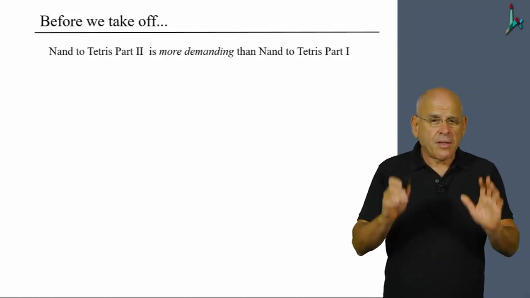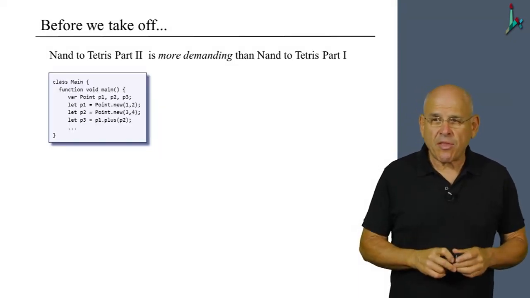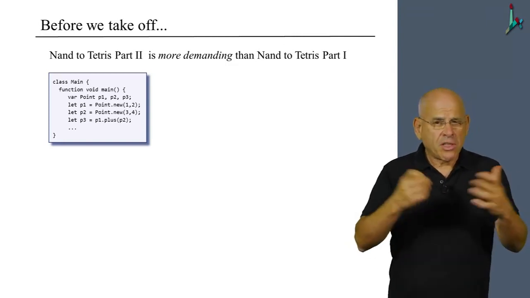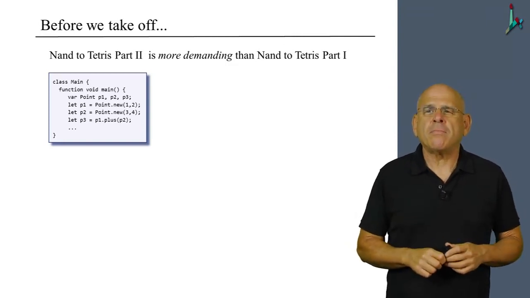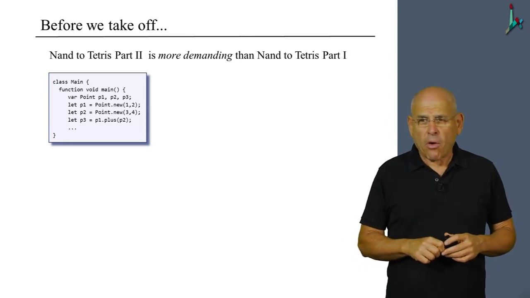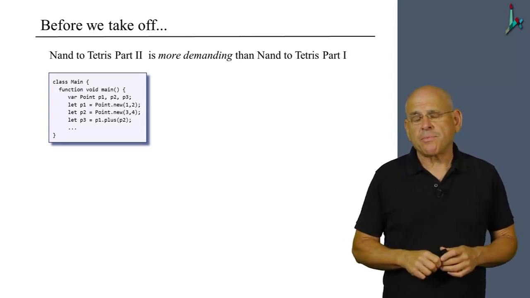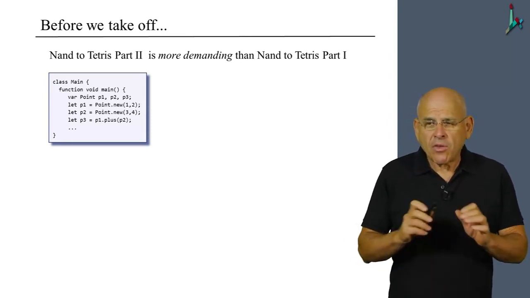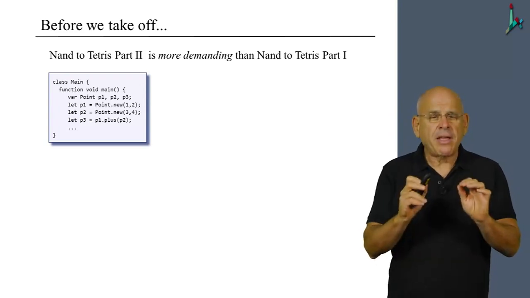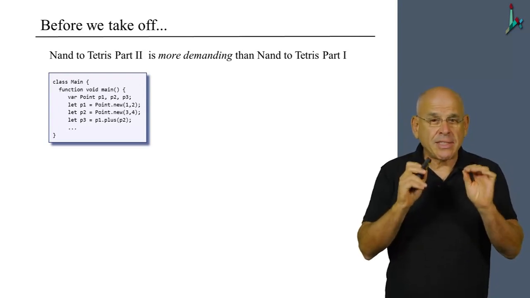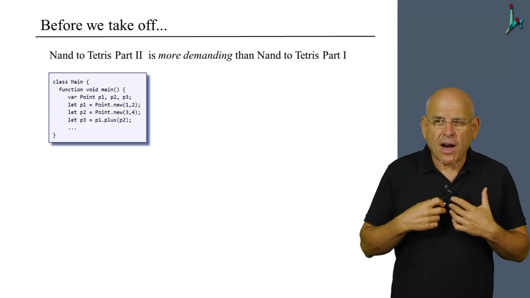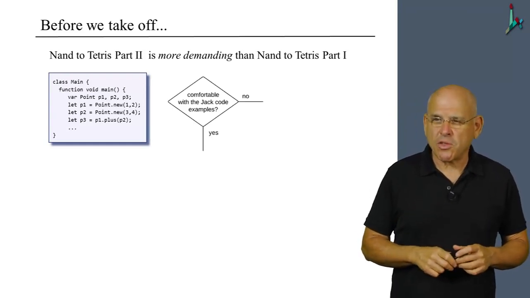Now, during this unit that we just went through, I showed you several examples of high-level programming using the Jack language. And I want to ask you the following question, and please answer it sincerely, in your heart of hearts, so to speak.